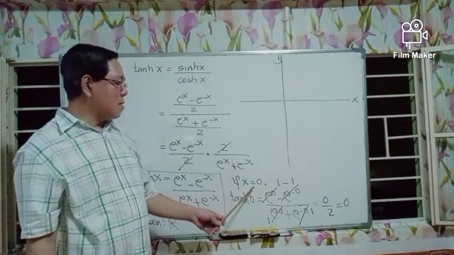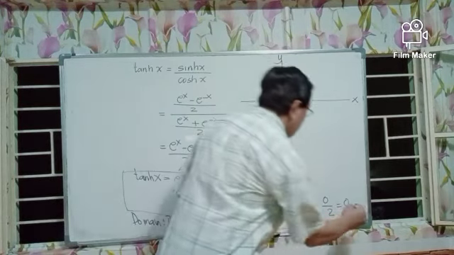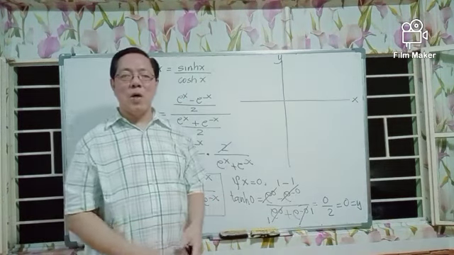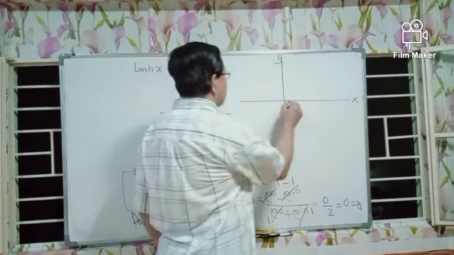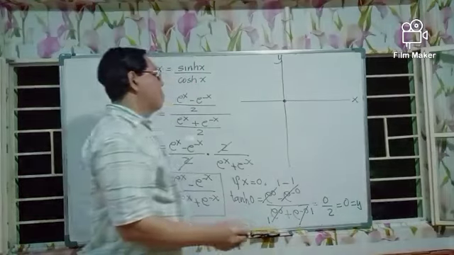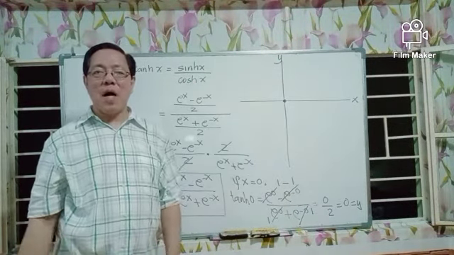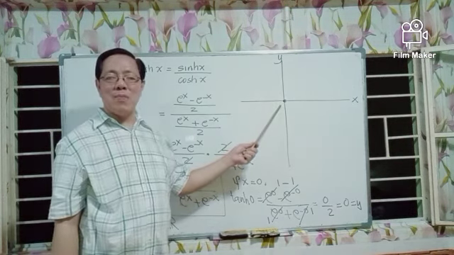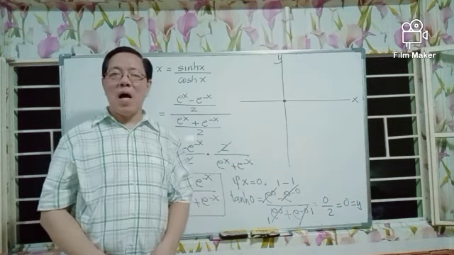And that point, x is 0 and y is 0, corresponds to the origin or the point 0, 0 in the xy plane. This means geometrically that the graph of the hyperbolic tangent of x will pass through the origin or the point 0, 0, like in the graph of the hyperbolic sine.